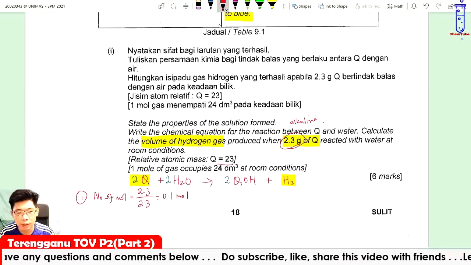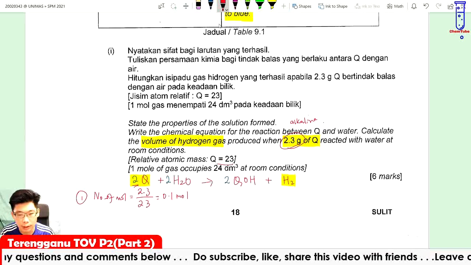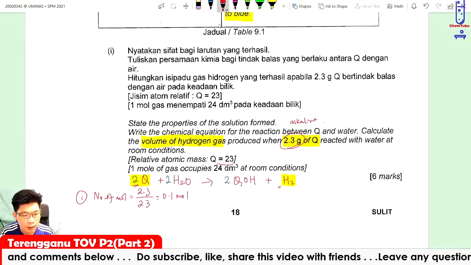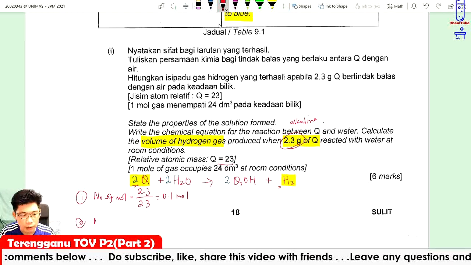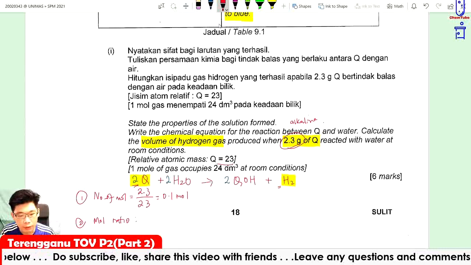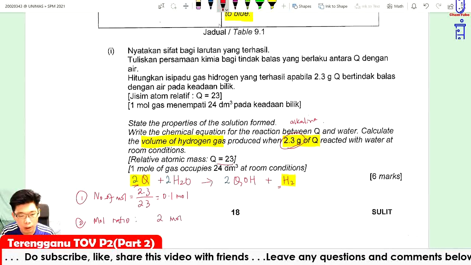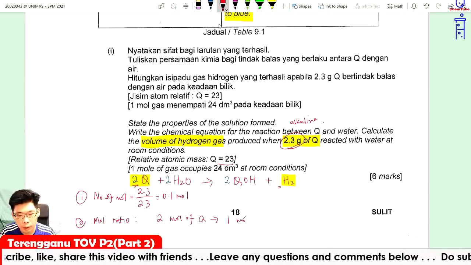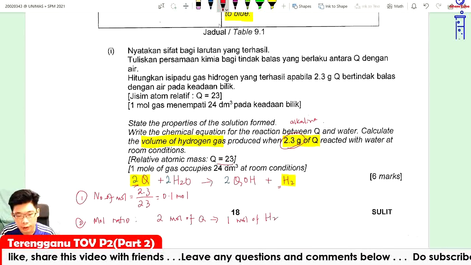But before that you need to do the mole ratio between the Q and the hydrogen gas. So you need to do the mole ratio. Okay, so from equation, 2 mole of Q produce 1 mole of hydrogen gas, right?